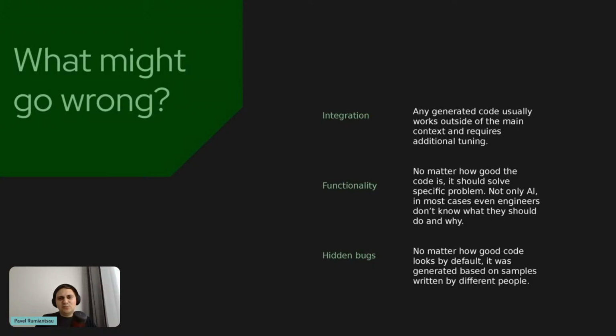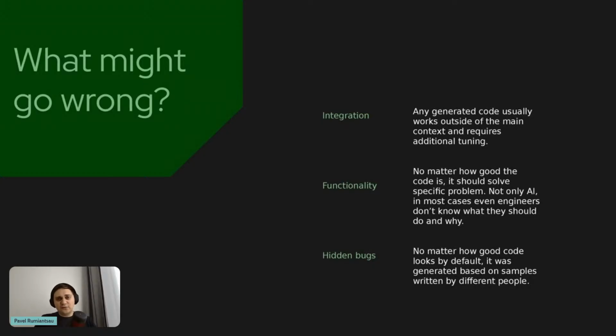The code generated might work for a specific case, but it does not guarantee that it will work for all cases that you require. So make sure that when you check the code that was generated, the functionality is actually working as a part of integration. Make sure that when you try to use this in a little bit different context, it will not break completely.